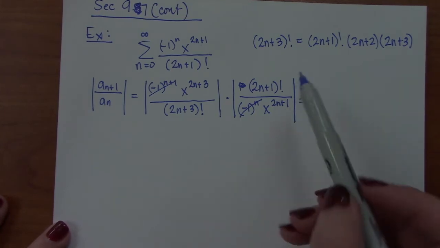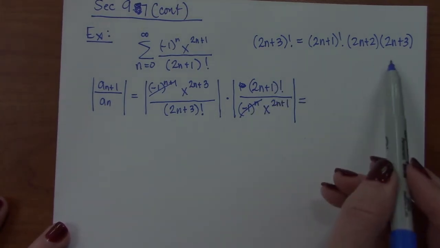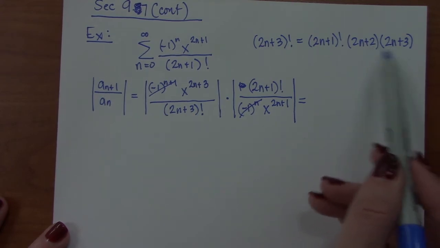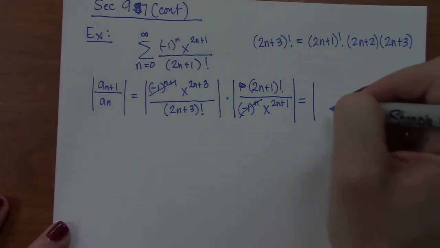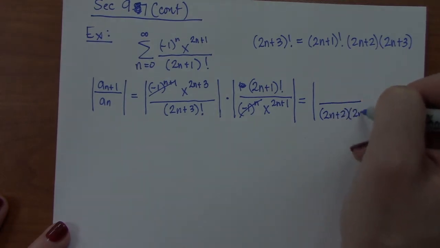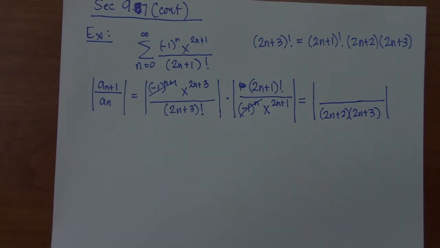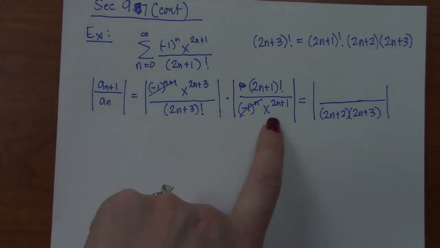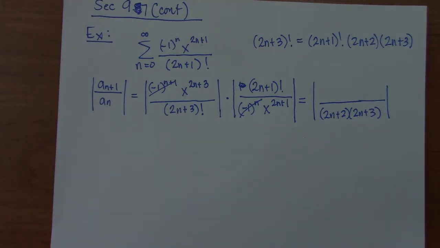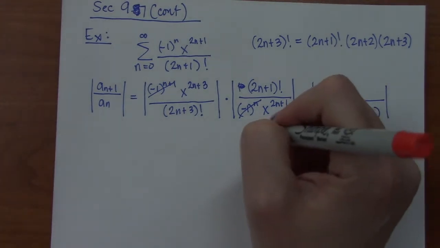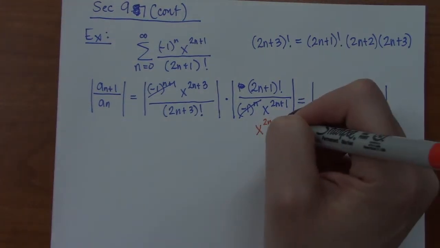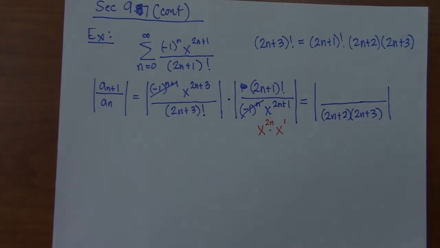So what's going to happen is we can cancel the 2n plus 1 factorial, but we're going to be left with both of these terms in the denominator. Then the x to the 2n plus 3 is really x to the 2n times x cubed, and the x to the 2n plus 1 is x to the 2n times x to the 1.